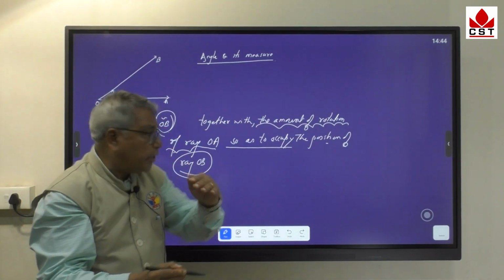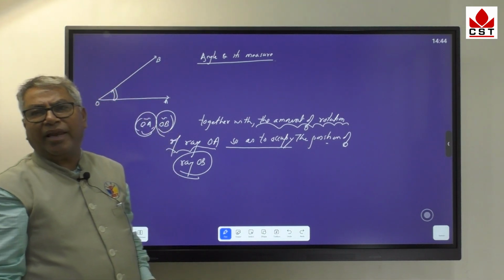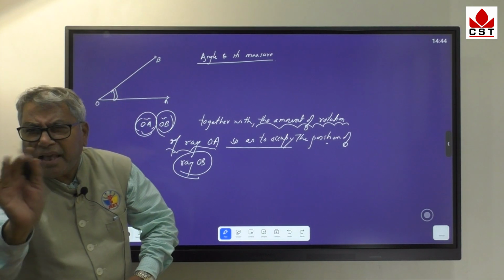That amount of rotation is called an angle. No degree, nothing else.